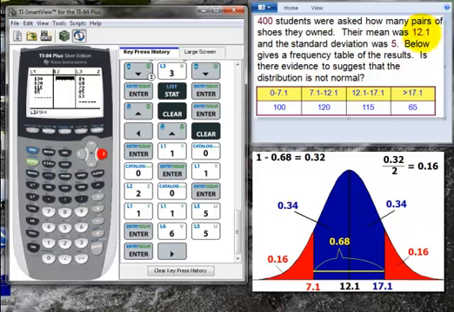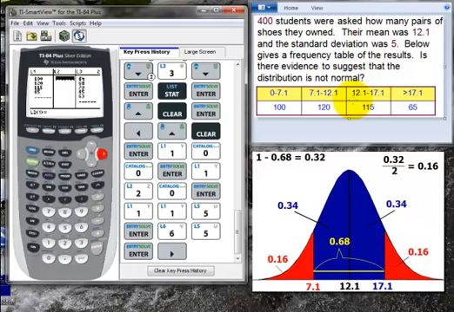If you subtract 5 from 12.1, 12.1 minus 5 is 7.1. So notice that the range 7.1 to 12.1 means within one standard deviation of the mean and to the left. 12.1 to 17.1 means within one standard deviation of the mean and to the right.